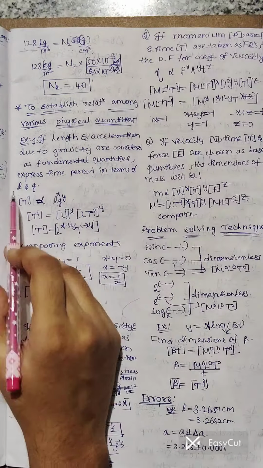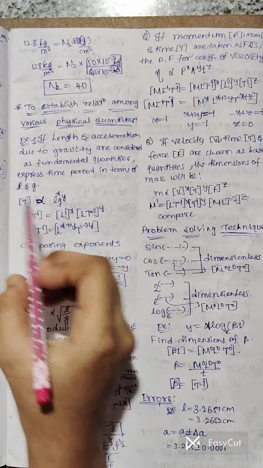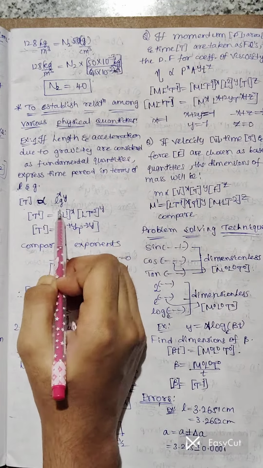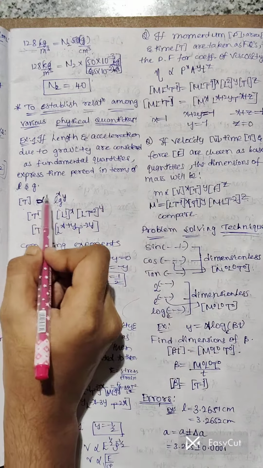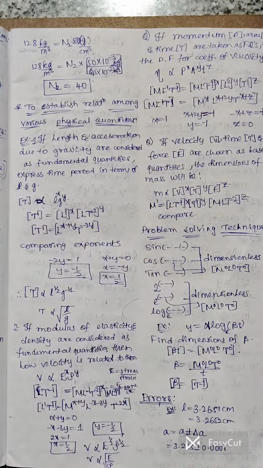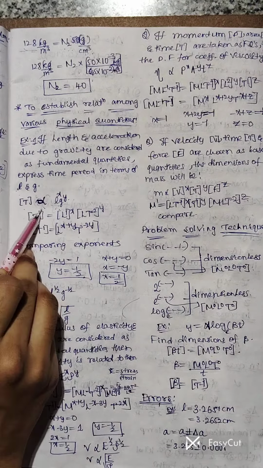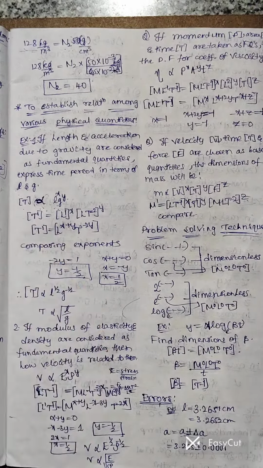So you write the dimension of T. It is directly proportional to length and acceleration due to gravity raised to some power. We don't know those powers, so T is directly proportional to L power x into g power y. Now if you remove this proportionality, you will get a proportionality constant. However, there is no dimensional formula for the constant value.